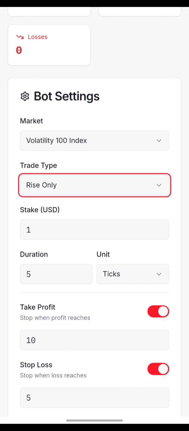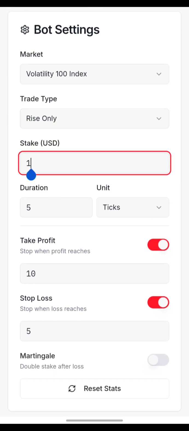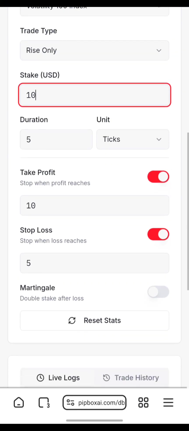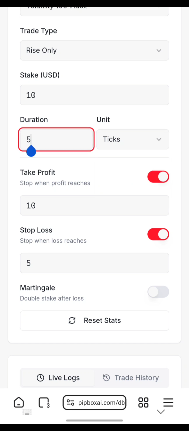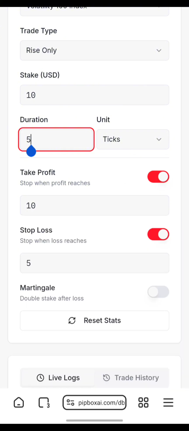So you choose the trade type that you want, and then my stake, I'm going to start with a stake of 10 USD, and then on these units you either choose between ticks, seconds, or minutes. So me, I'm going to go with ticks, and the duration for my ticks, I'm going to go with just 5 ticks. Okay, just let me make it that simple.